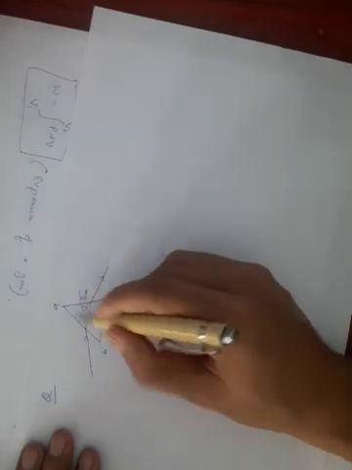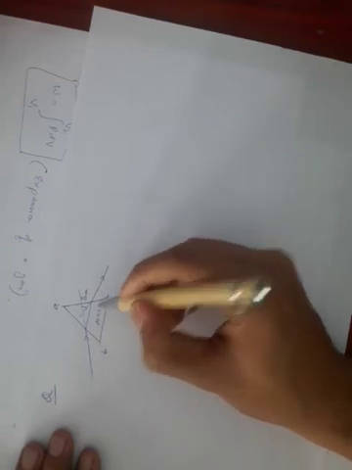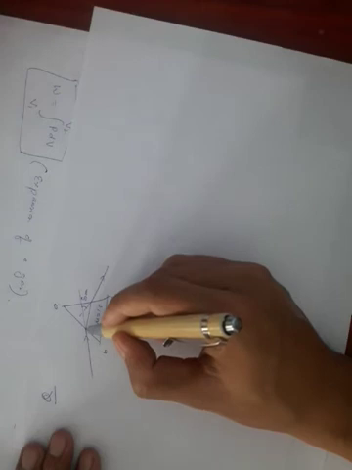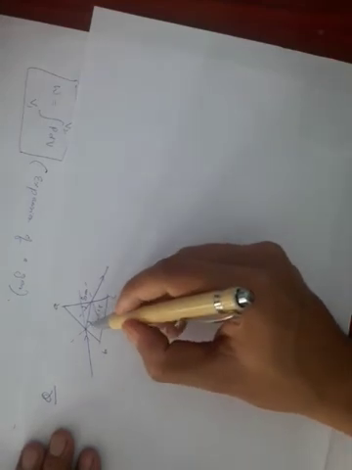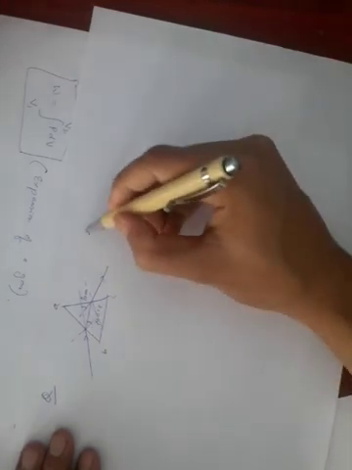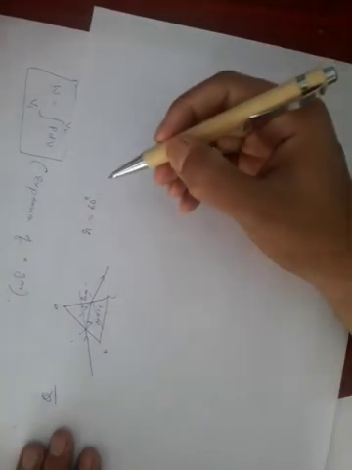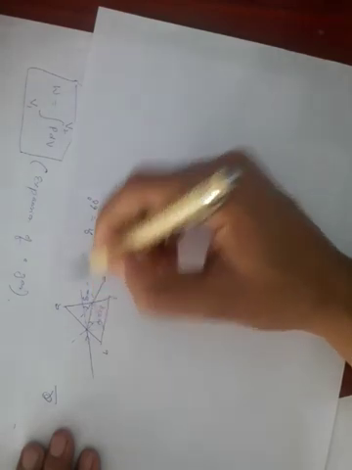And the prism material has refractive index of 1.5, and the refracting angle is, let us say, 60 degree.